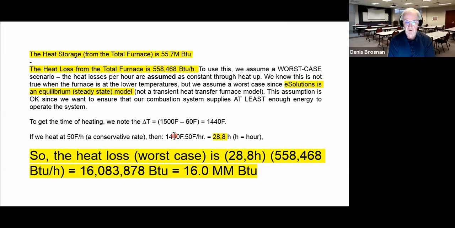This is a steady state heat transfer program. A transient heat transfer program would be much more complicated, and beyond the scope of this. You might have such a program available for your use in modeling, but we're just basically trying to use steady state conditions in order to figure a worst case scenario.